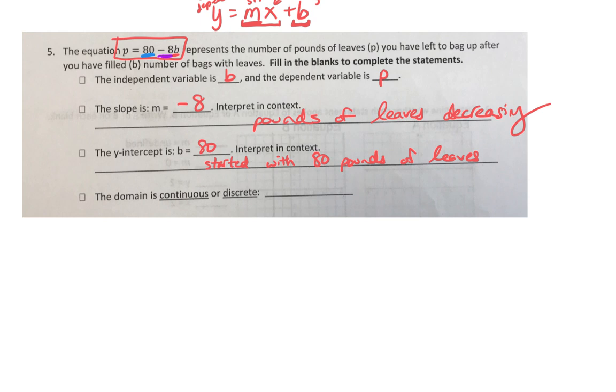So we're going to go with this as discrete, because you can't buy partial bags. Continuous means we can have decimals, we can have fractions. But discrete means it's got to be all whole numbers. Or maybe not necessarily whole numbers, but there's things it can't be.